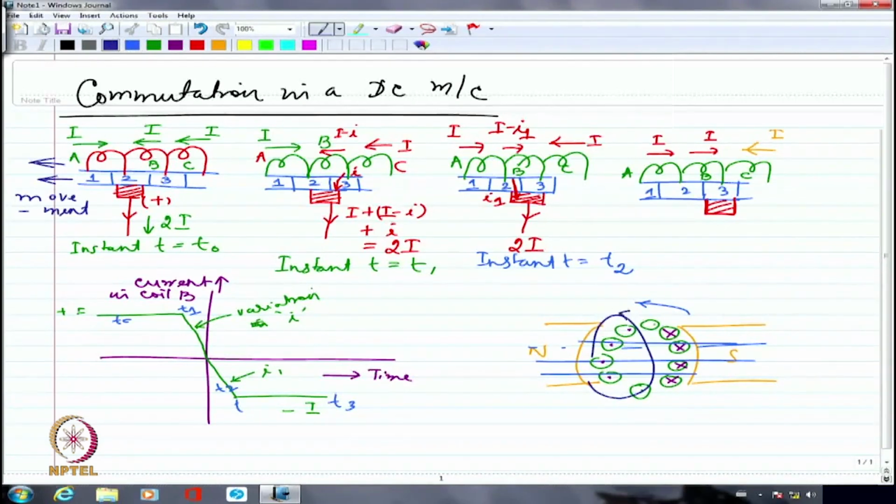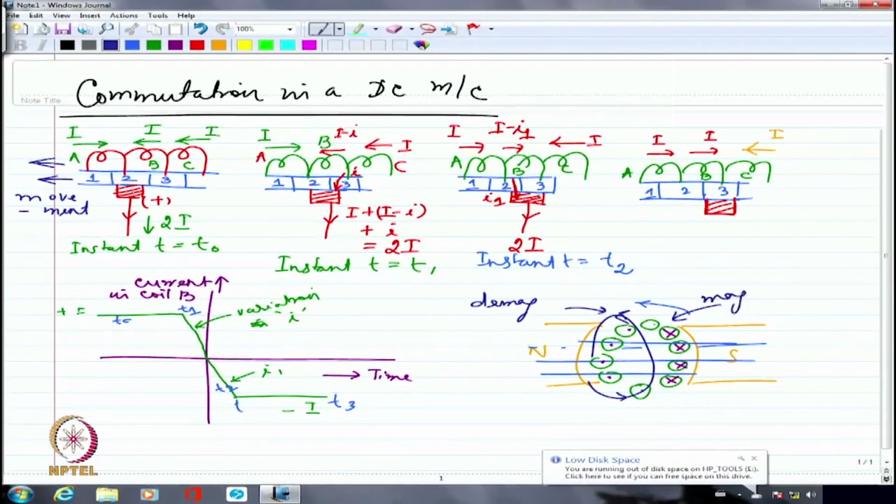Because of which I am going to have definitely a reduction in the flux here. We said this is demagnetizing, whereas in the opposite direction this is going to be magnetizing. That's what we said earlier also, if you may recall. So the armature reaction flux is going to cause a demagnetizing effect in some of the geometrical region, and a magnetizing effect in some of the geometrical region.